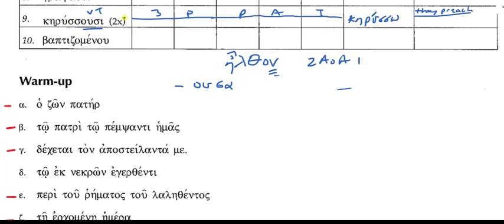Okay, very good. So, is this still a present stem? Is there any reason to think it's anything else but the present stem? No, I don't have any aorist tense formatives, do I? But you might say, yeah, but maybe keruso is a second aorist form. Okay, let's assume that's true. If it's second aorist, what have we learned that the second aorist stem always is in relation to the present stem?